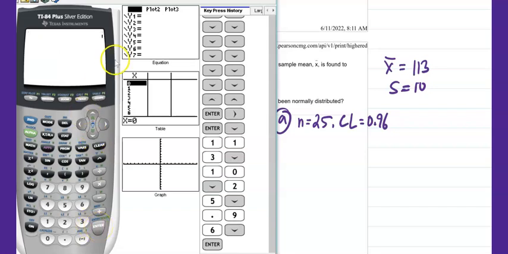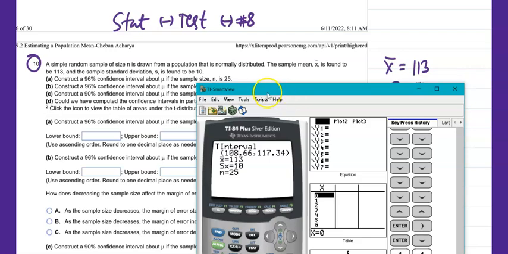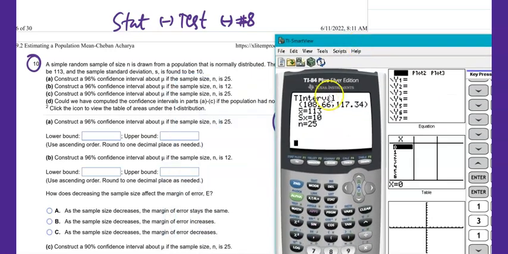Then you get the interval, which is 108.66, and rounded to one decimal place, the answer is 108.7 and 117.3. That's the interval for the first question with a 96% confidence level. Let me type that.